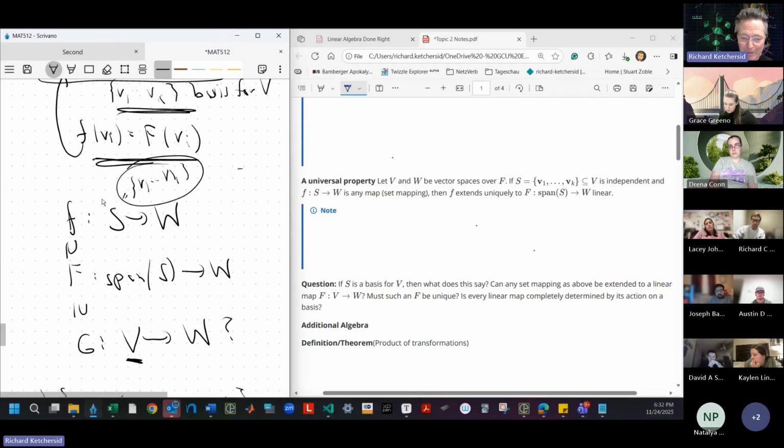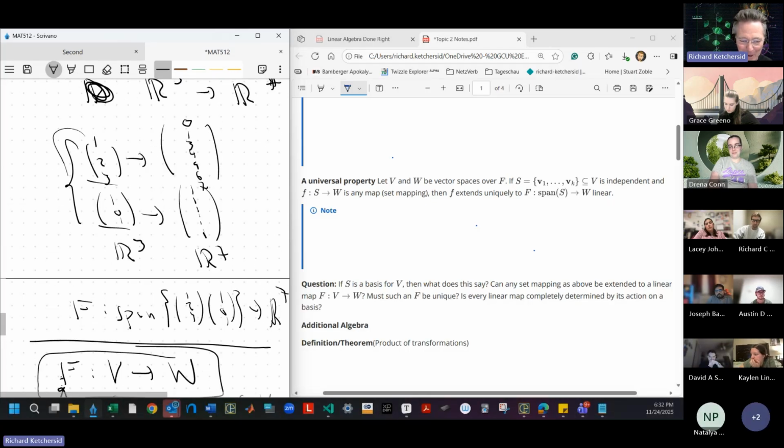So for example, up here, I defined a weird map from some, by the way, what's the span of two vectors in R3? What does that look like geometrically?